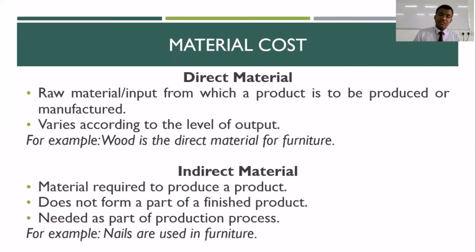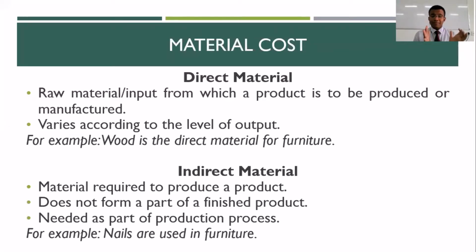I had explained that any element of cost that you pick up can be further divided into direct and indirect. So material can be divided into direct material and indirect material. We'll try to learn each of these in detail. So what is meant by direct material?